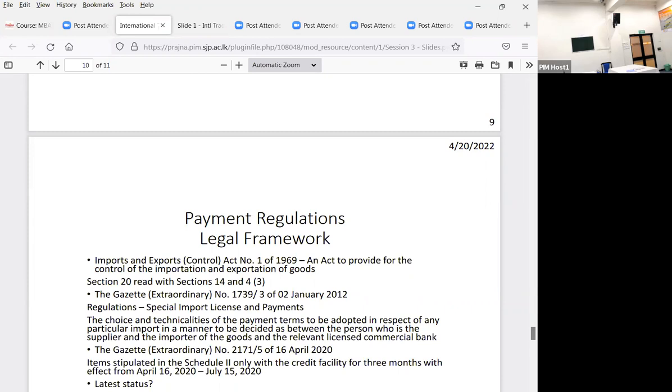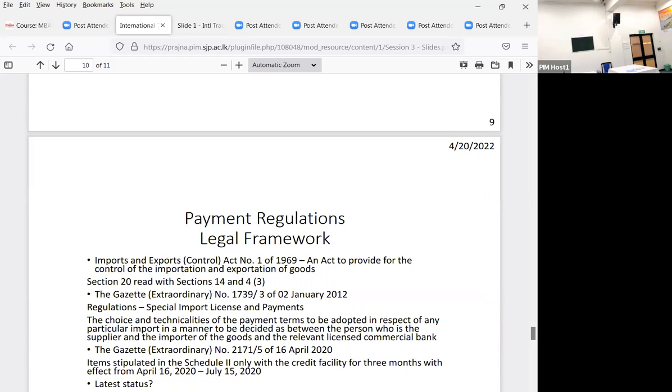The last one is the open account. What is open account? So you, now as an exporter in Sri Lanka, without any banking, send your goods and the documents to the shipper directly. Then after 90 days or 60 days, the shipper will send the money through the bank.